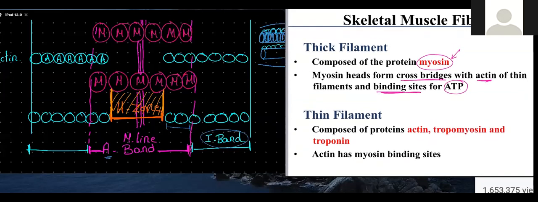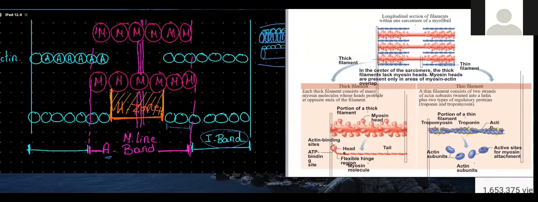Thin filaments are composed of 3 protein subunits, but the most important and most abundant of them is going to be the actin subunits. 2 other regulatory proteins that are associated with the actin that share in the formation of the thin filaments are the tropomyosin and the troponin. Actin has the binding sites for the myosin heads.